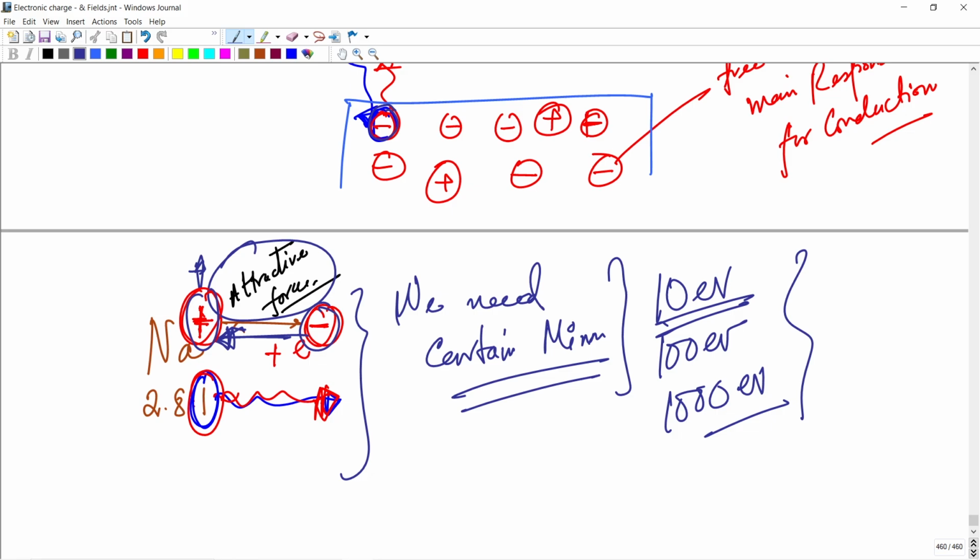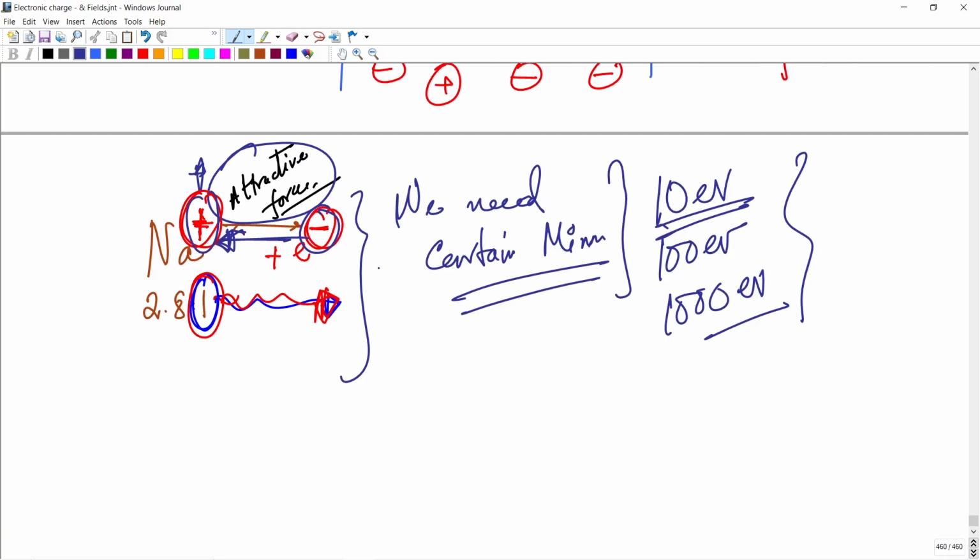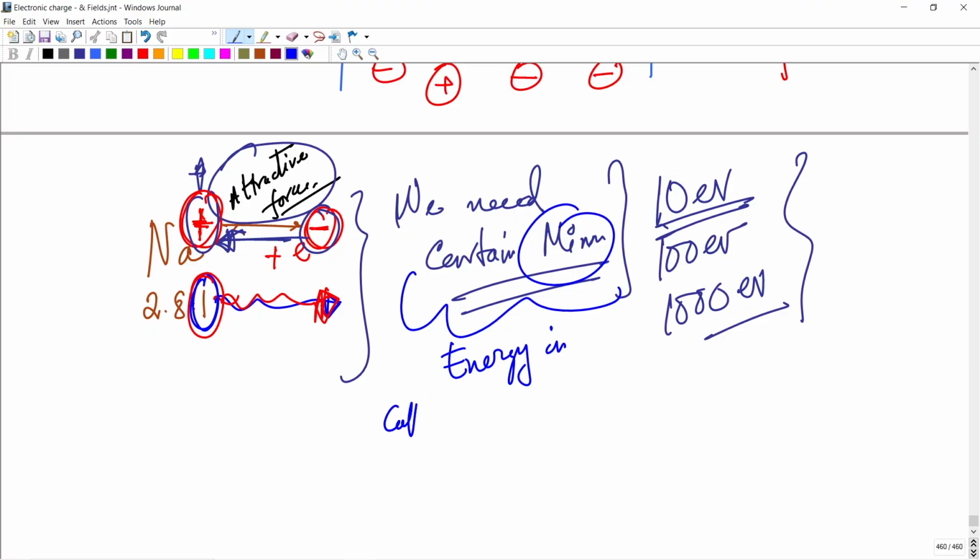That minimum energy required by the electron to escape from the metal surface is called the work function of that metal. Concept clear?